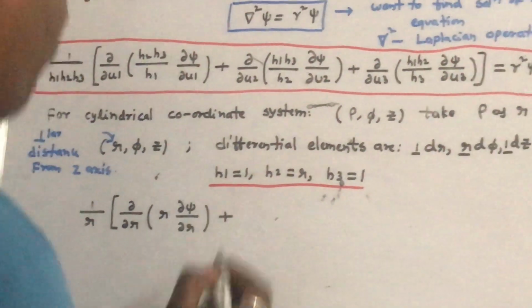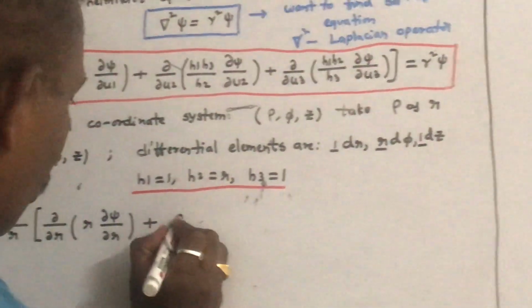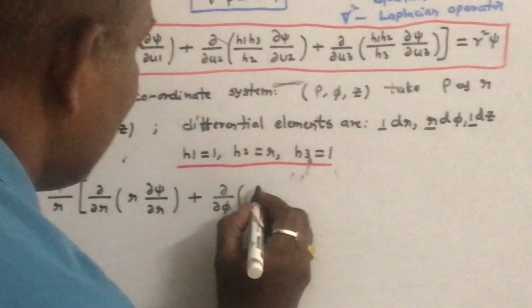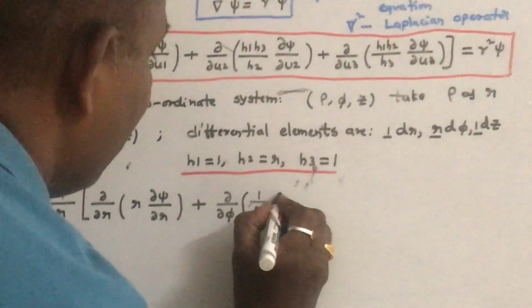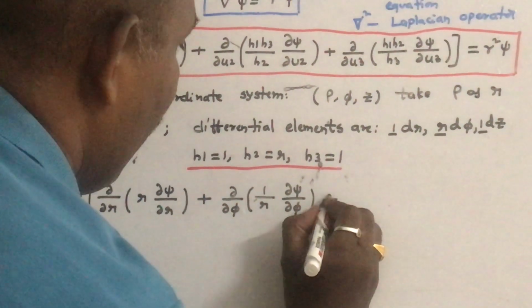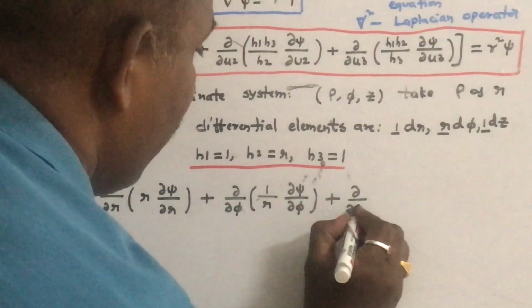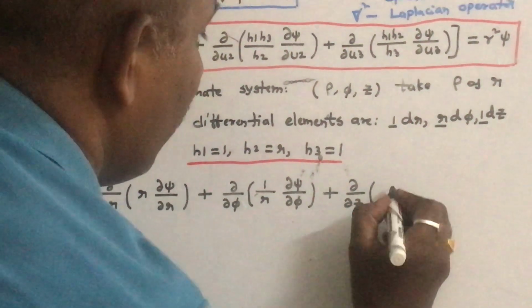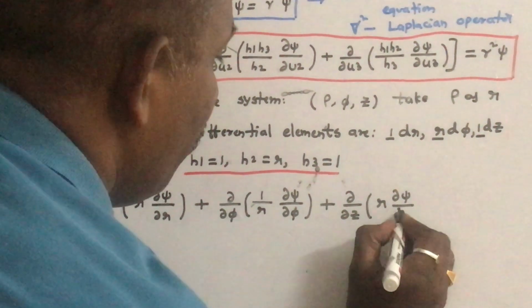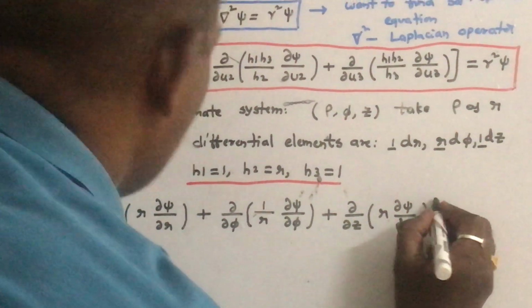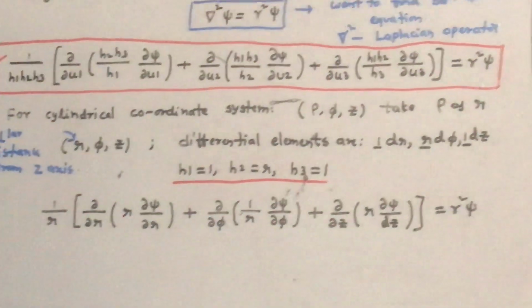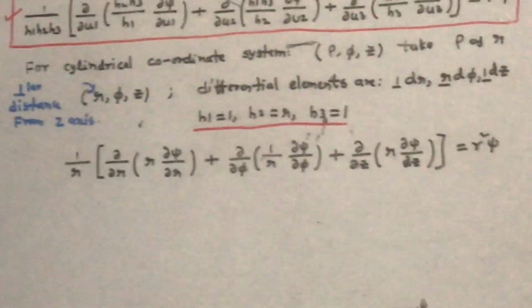So this is the first one. The second one, dou by dou phi of 1 by r into dou psi by dou phi, plus dou by dou z of r into dou psi by dou z. So that is equal to gamma square psi.